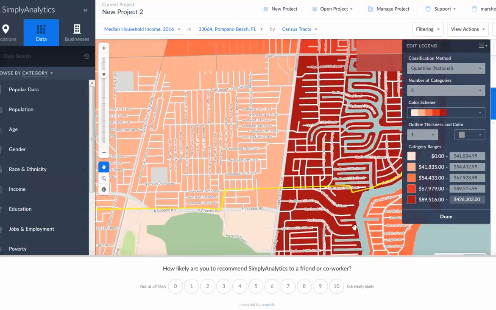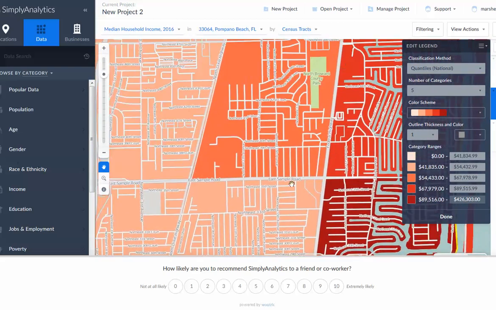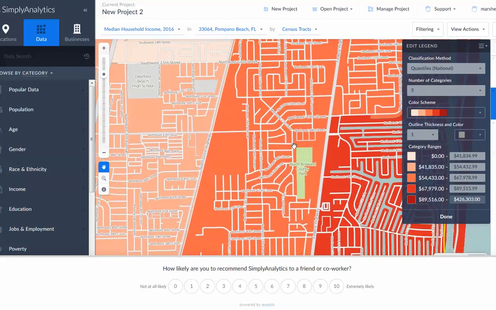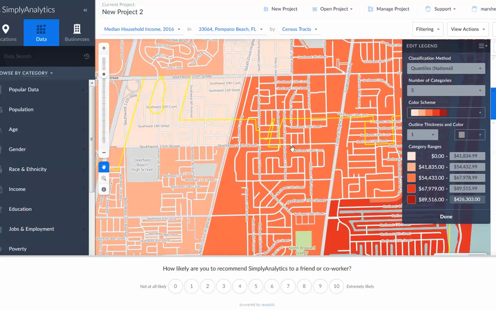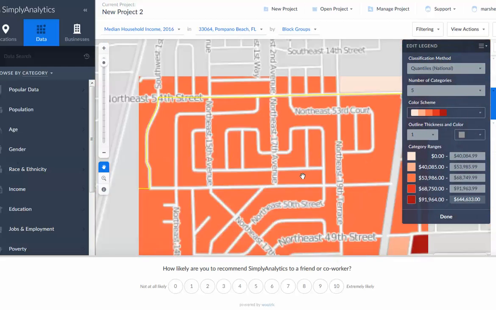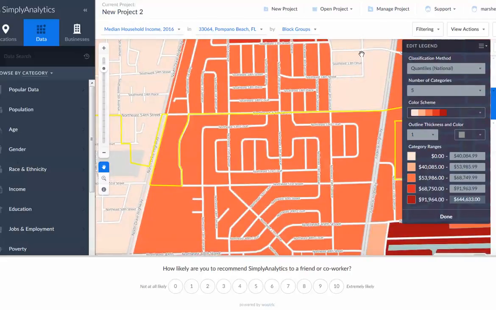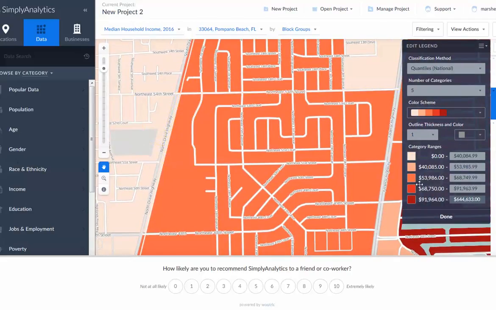We come over to where Professor Marsh lives, past the park, and we see that it's a more moderate income. In fact, if we look right down here, how moderate will it be? I can see my neighbors, this is an apartment complex that I know about, right? But we're talking in the mid 50s, right?